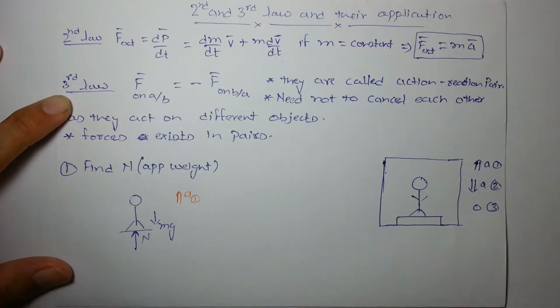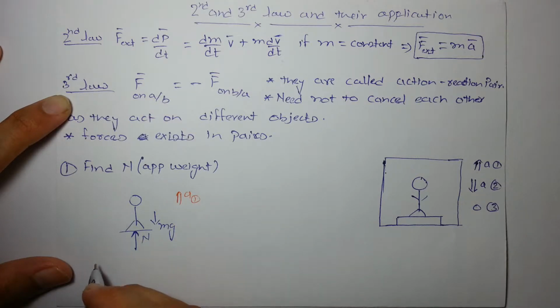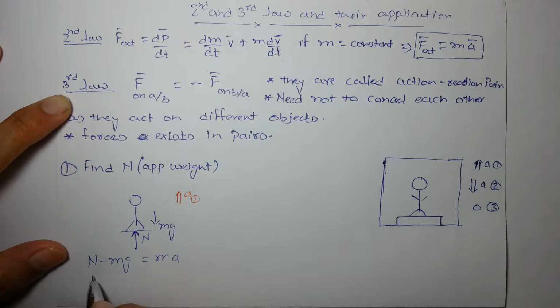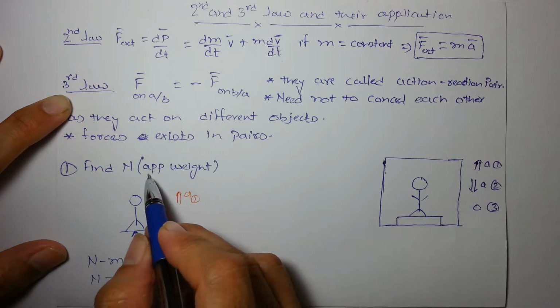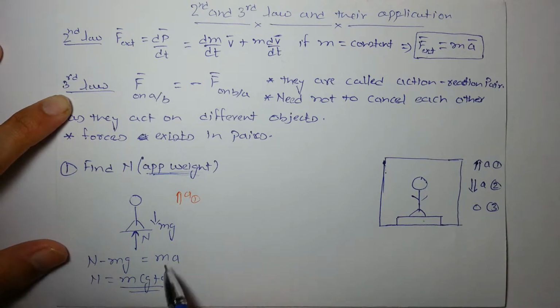As upward acceleration is there, the upward forces will be greater, so N minus mg is equal to ma in case 1, and N is equal to m(g plus a). Whenever the lift is accelerating upward, the normal reaction, also called the apparent weight or the reading of the weighing machine, will be greater than mg. It will be m(g plus a).